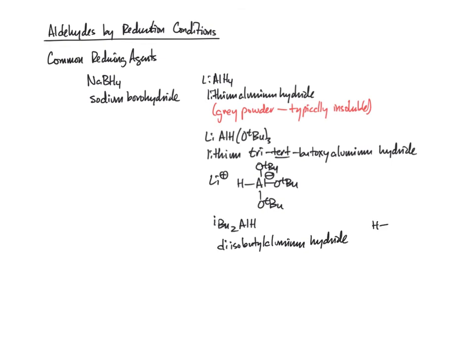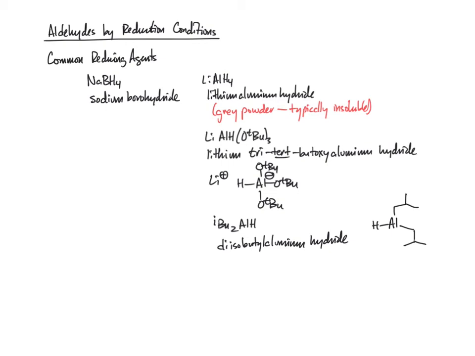You'll see that this is a neutral aluminum species. Those are isobutyl groups, so we see diisobutyl aluminum hydride. Again, it's a one-hydride donor.